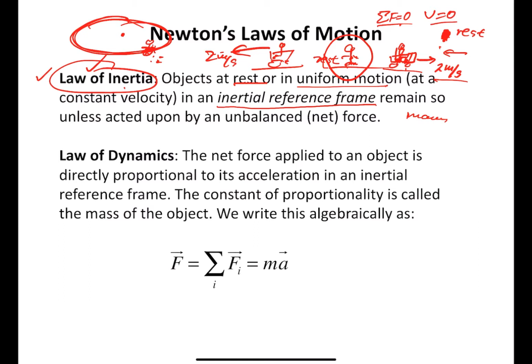So another thing is, if this time your friend is not just moving, it's accelerating, say with 1 meter per second squared. Now you see there's no force acting on this one, but this time because your friend is moving to the right and accelerating, your friend will say this object is accelerating backward.